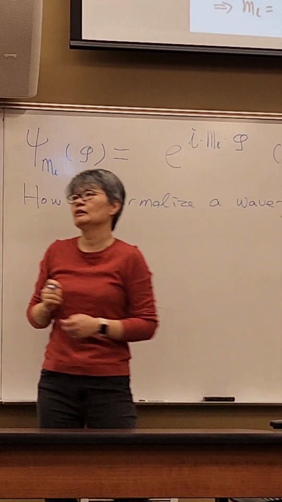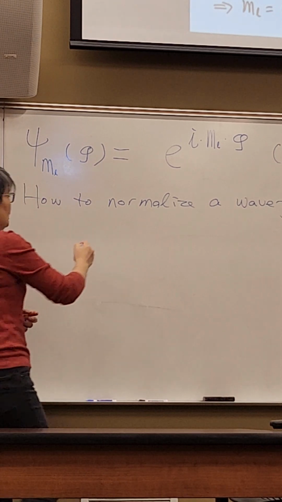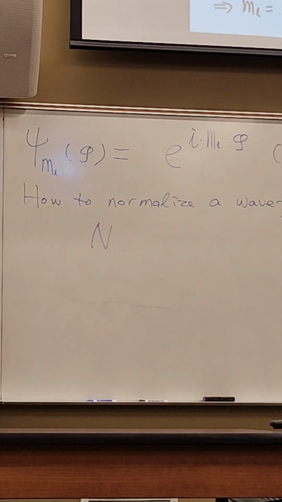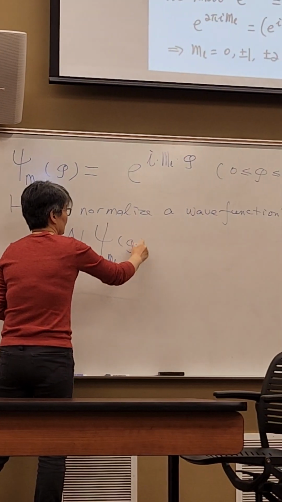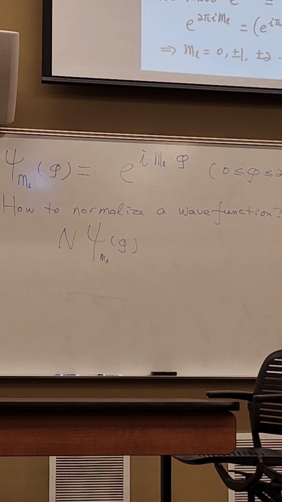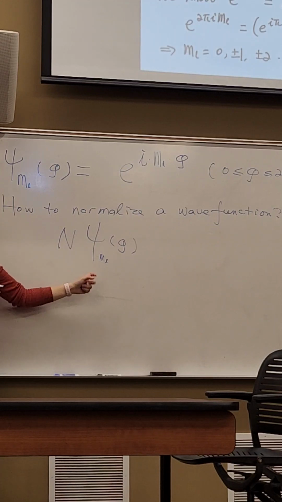How to normalize a wave function is by introducing a normalization constant to whatever wave function is of our interest. So you need to introduce a normalization constant multiplied by that function.